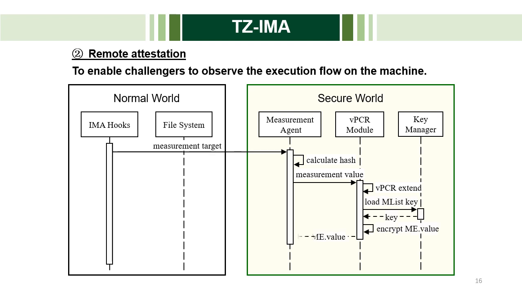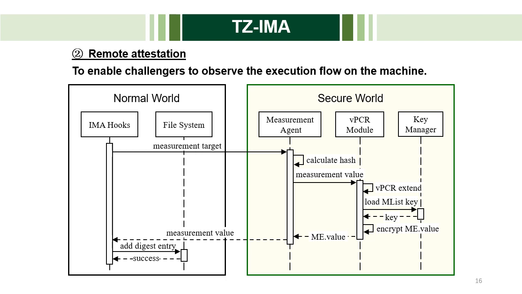To guarantee the confidentiality of the measurement list, TZ-IMA generates an mlist key in the key manager and leverages the key to encrypt the measurement value. Then, the TEE returns the encrypted measurement value to the normal world OS to store the encrypted file hash.